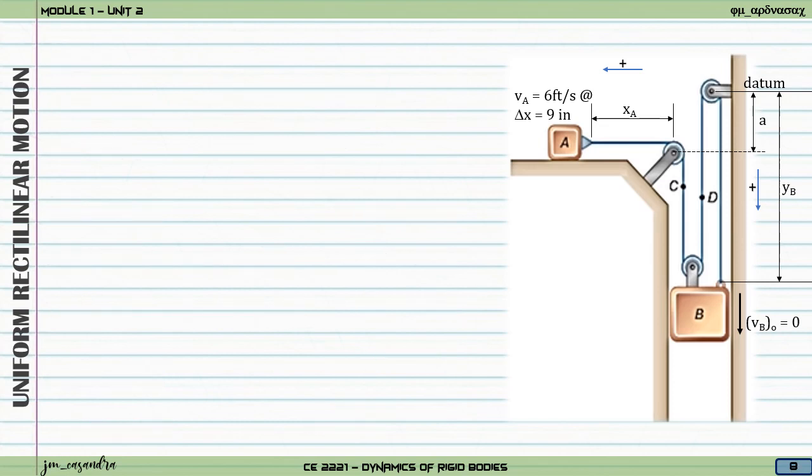Okay, so next question: what will be the speed of block B and its change in position, or its displacement, at the instant time of 2 seconds. For this, we'll apply the equation V is equal to V sub O plus AT. We already have V sub O, which is 0.